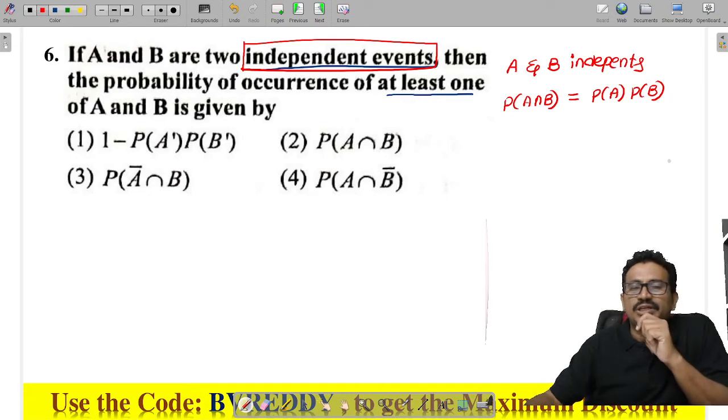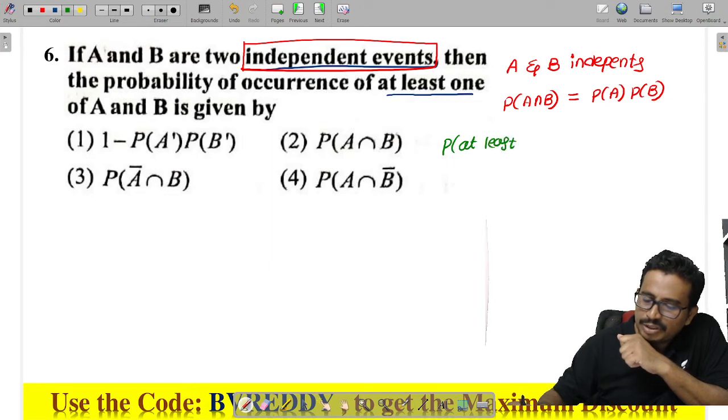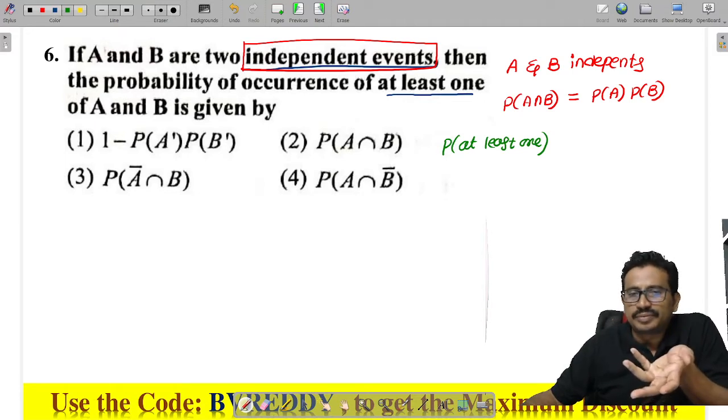And they are asking for the probability of occurrence of at least one of A and B. What is the meaning of at least one here? Either A or B or both.